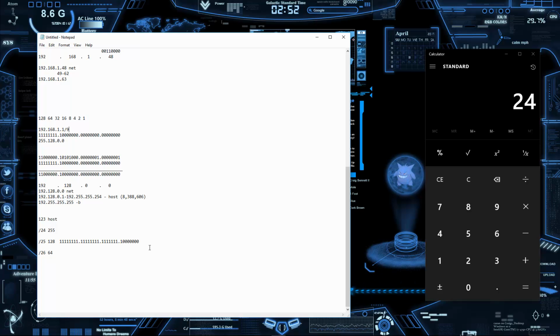With that being said, that's just something you've got to keep in mind. You don't actually need to put it in binary if you keep that in mind. If you look at /24 and you see that is 0 at the end, and then the next one's /25, based on what you should have learned earlier in the video, you'll know that that extra 1 is 128, and you can do it right there.